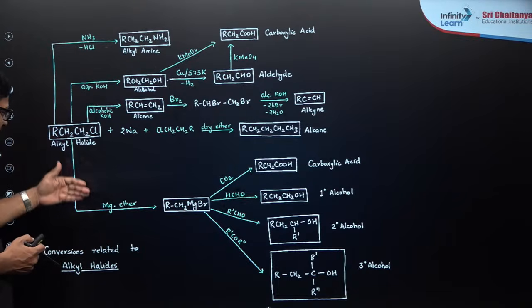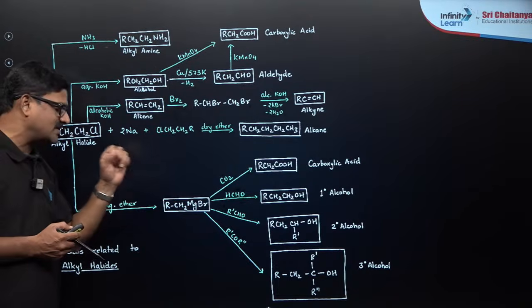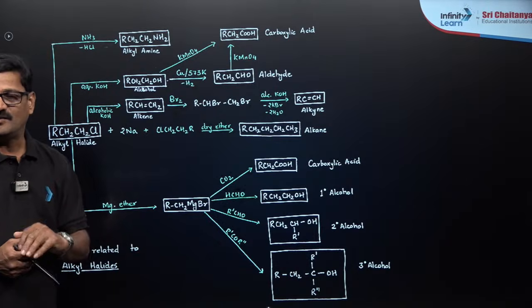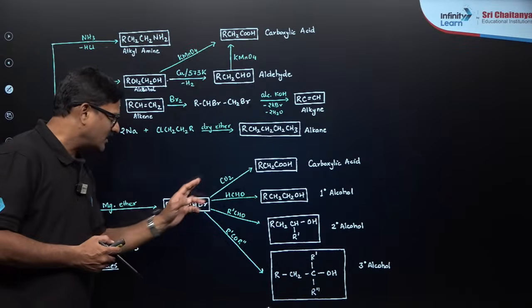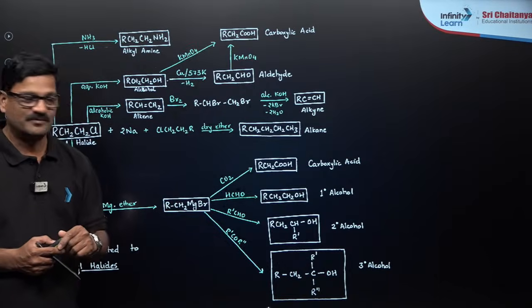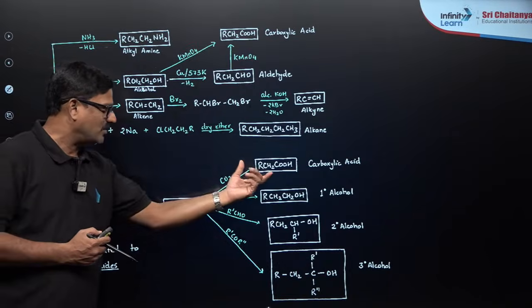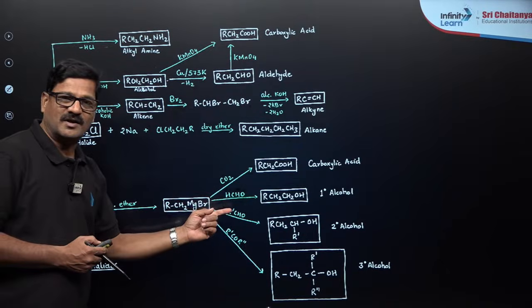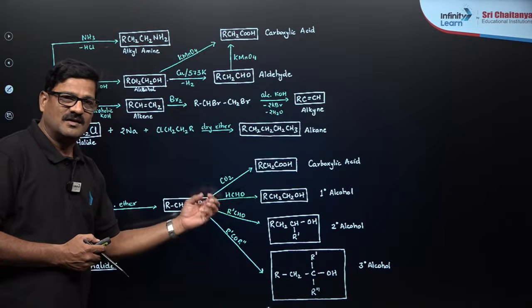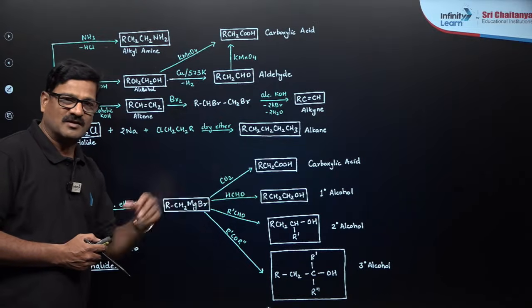And alkyl halides with magnesium in ether, Grignard reagent is formed. If you have a Grignard reagent in hand, it can react with CO2 to give carboxylic acid. Grignard reagent reacts with formaldehyde, followed by hydrolysis, gives primary alcohol.